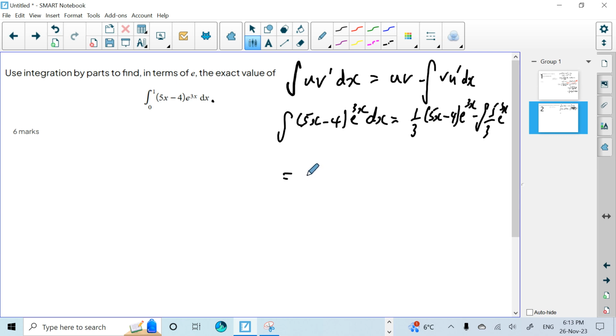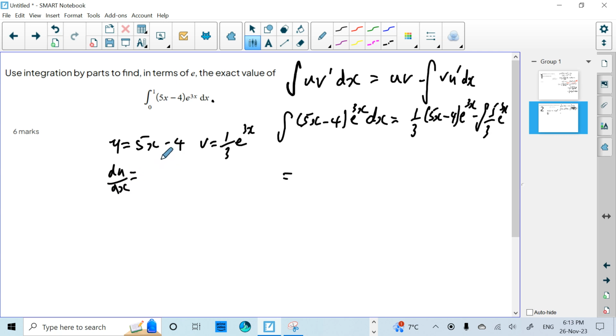If u is equal to 5x minus 4, and v will be equal to 1/3 e to the 3x, then du/dx, or u prime, will be equal to 5, and dv/dx, or v prime, will be equal to e to the 3x.